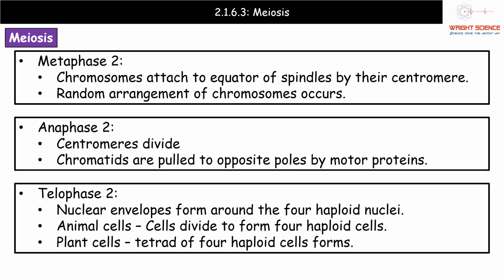So when we're talking about a tetrad, it's basically where we've got those 4 cells still kind of joined together. What we actually see is something that's got its main cell wall around the outside, and when you look at it, it's almost like a little scope or bullseye thing. And we've then got our individual little nuclei in there. So this is our tetrad for our plant cells.